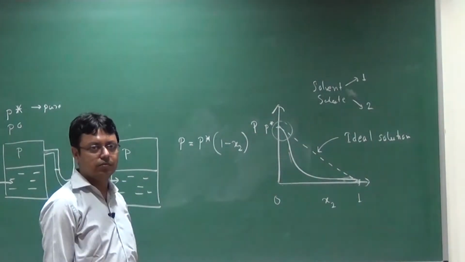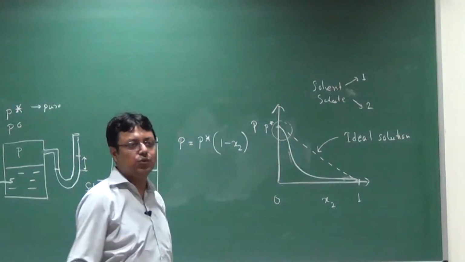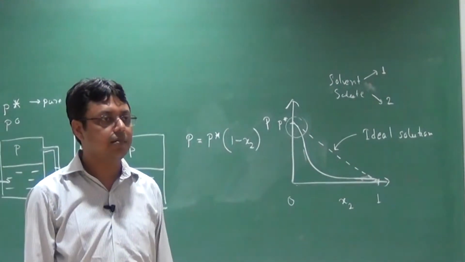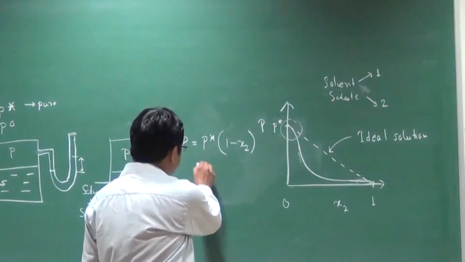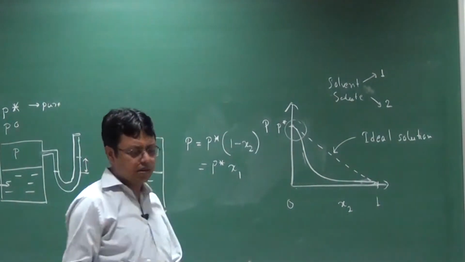That's why I am getting 0. Now, what is 1 minus x2? If I have only solute and solvent in a two-component system, it is x1, right? So I could have written it as P star into x1 also. These are different ways of writing.